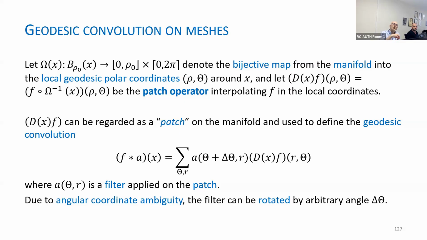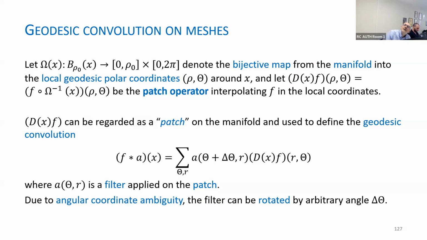Suppose that we have a function f on this continuous surface, and we want to convolve this function with a filter, which is represented by A, and this filter is parameterized by the angle theta and the radius r. And this is the convolution operator that you see here in this summation.